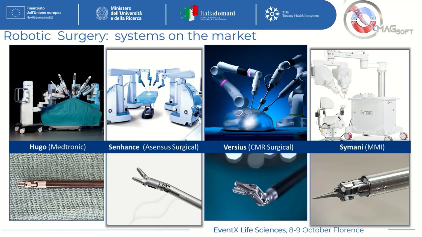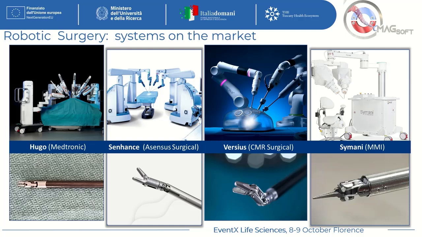It was Intuitive Surgical and Da Vinci, and the reason was a patent reason. They had all the main patents for the articulation of the wrist inside the body. But after the expiration of the patent, nowadays there are many players, from Medtronic, the system called the Hugo.